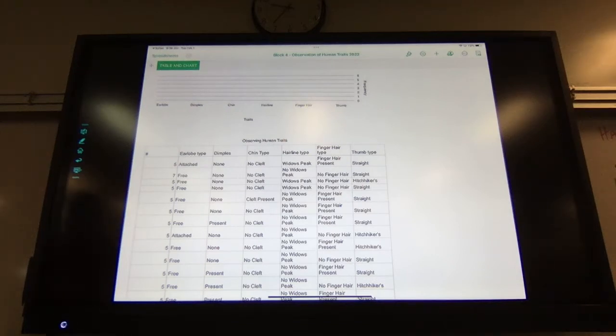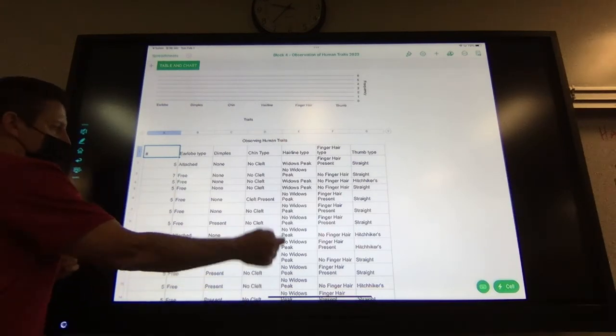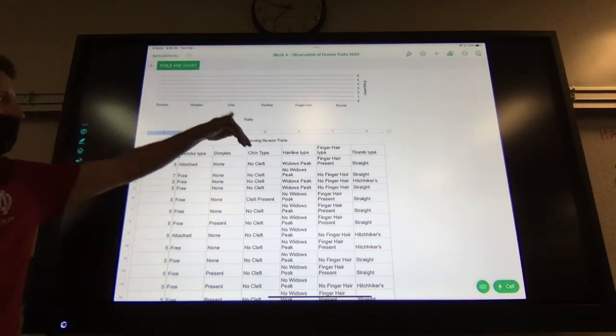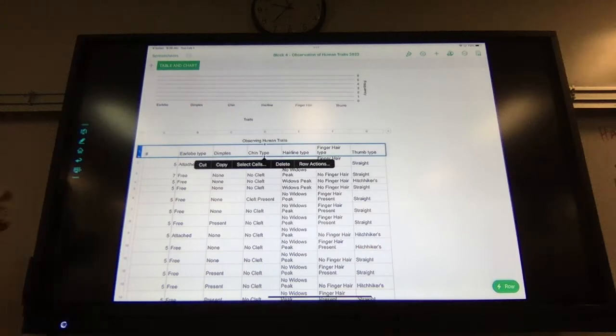we need a refresher. So first of all, if you haven't already tapped your finger into the table, you have to tap anywhere in order for you to get the numbers representing the rows and the letters for the columns. Tap on the number 1 and it will select the entire row. So I'd like for you to tap on 1 and then it highlights everything.